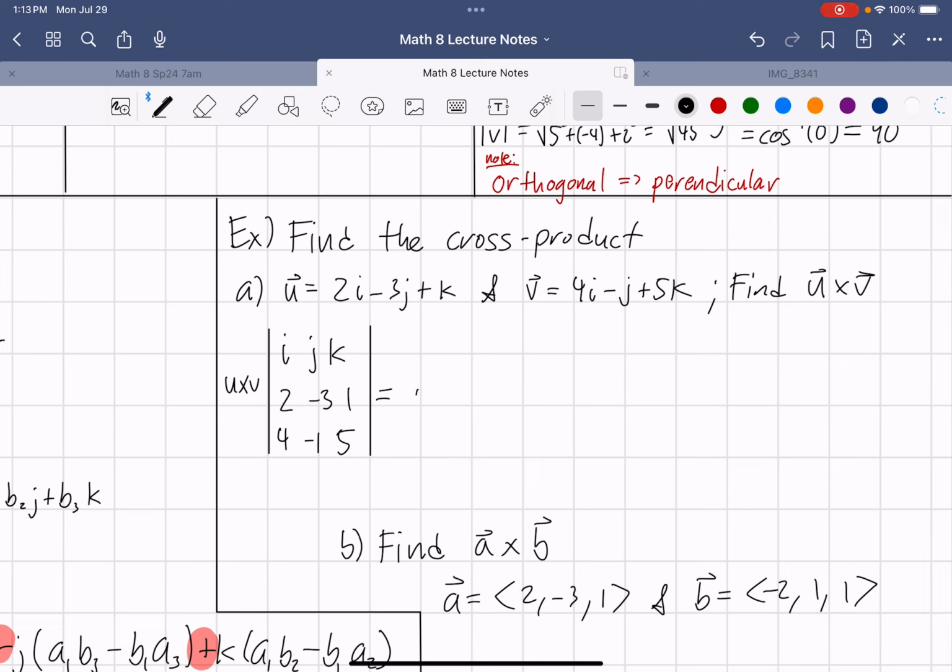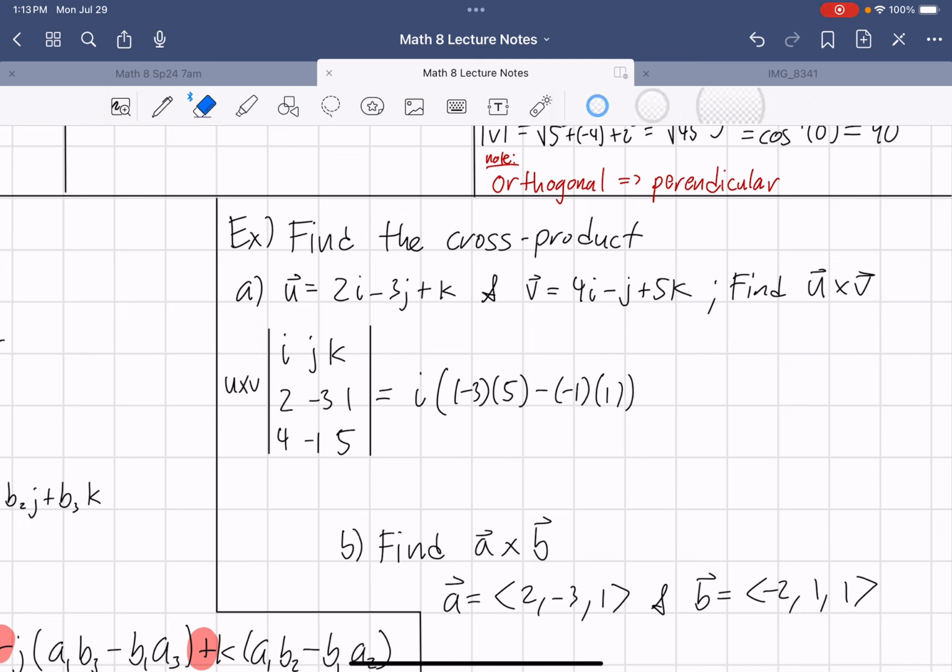And then we're going to start with i, and we're going to get rid of the first row, first column, and I'm going to cross multiply. So that's going to be negative 3 times 5 minus negative 1 times 1.